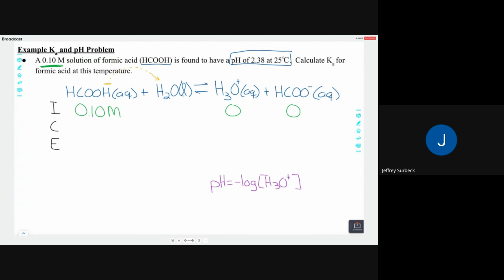Okay, well, I'm just going to go ahead and plug in my value for pH, which is 2.38 equals negative log of my H3O+. Okay, now, is anybody opposed to me just going ahead and calculating it?